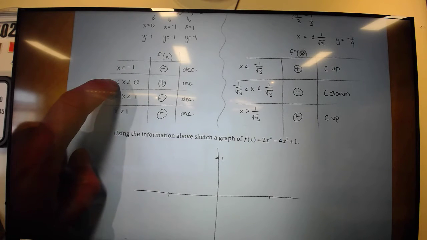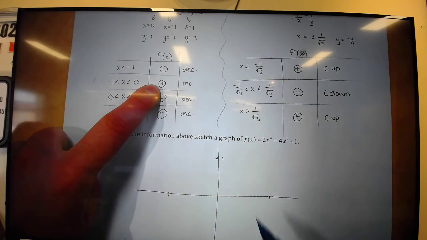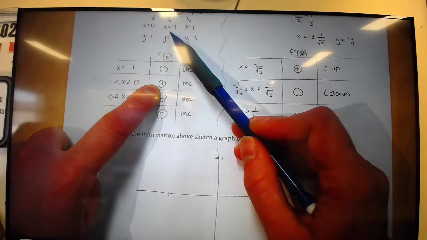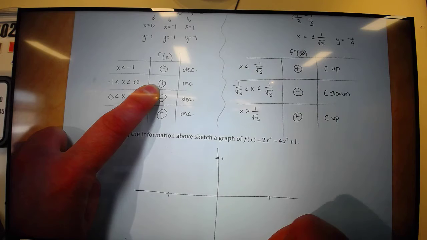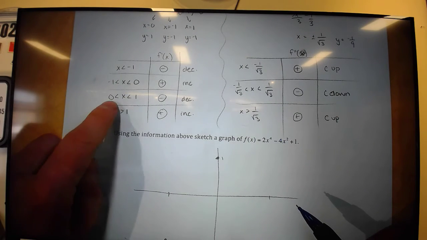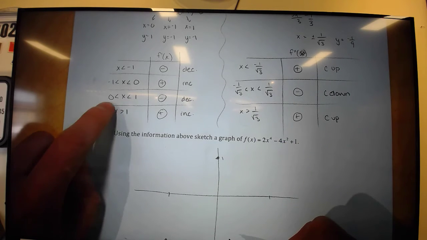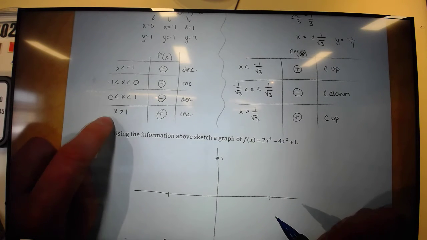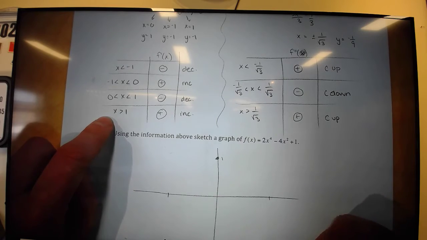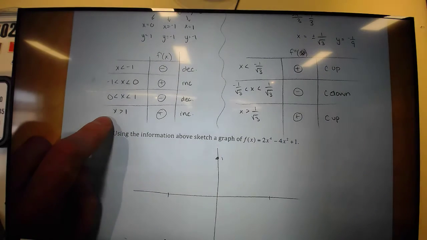At negative 1, it goes from negative to positive, so that has to be a minimum, right? And we already figured out that at x equals negative 1, y is equal to negative 1. So here is a point, and then at 0, it goes from positive to negative, so that's a max. And then at 1, it goes from negative to positive, so that's a minimum again.